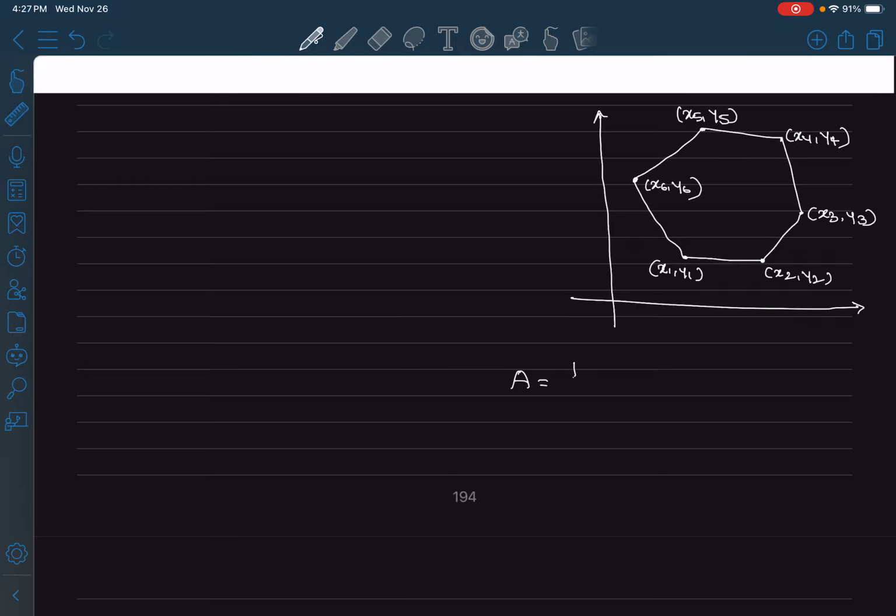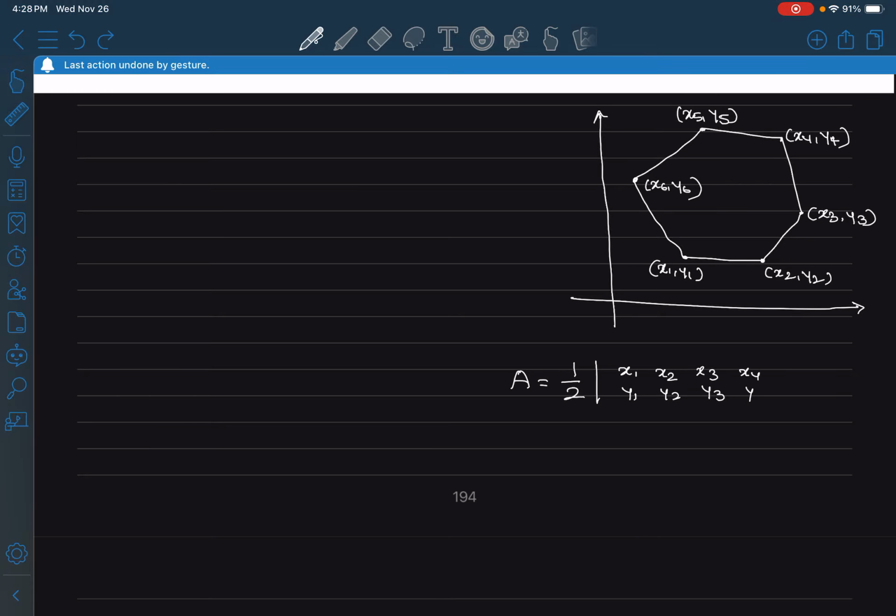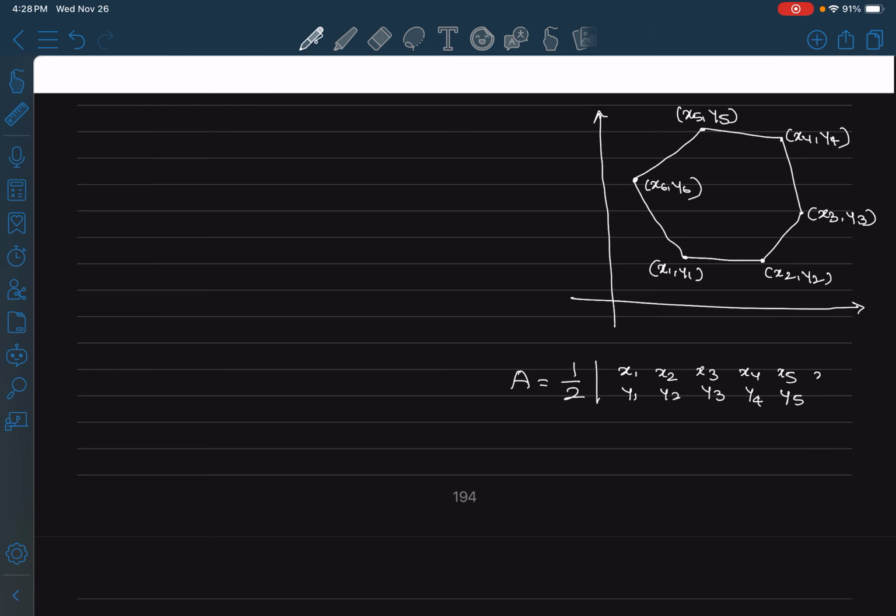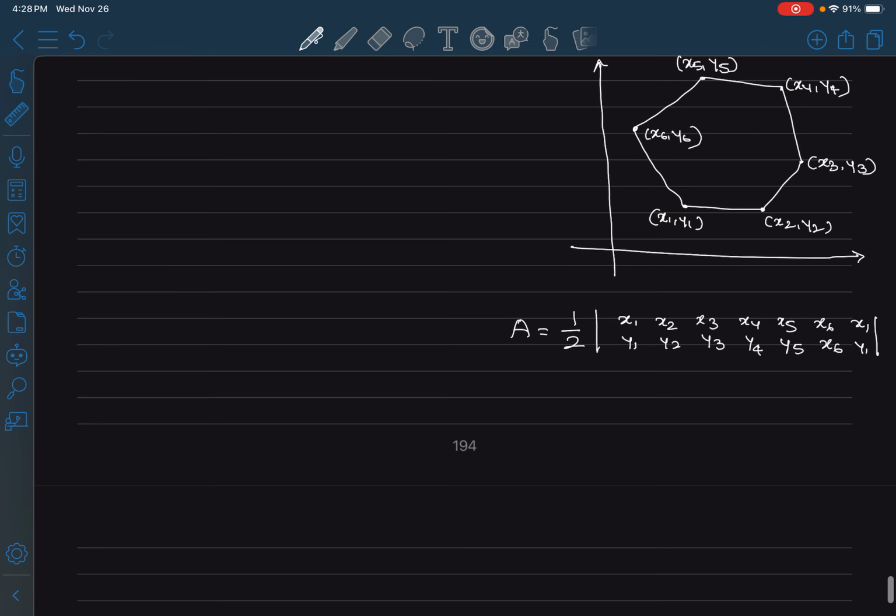The area will be equal to half of something. First of all, let me write these coordinates in a systematic manner, and I will put the formula next. So x4, y4, x5, y5, and then x6, y6, and also we need to write the first coordinate again. It's much like taking a determinant. It's actually a determinant, but here I will just say it like this.